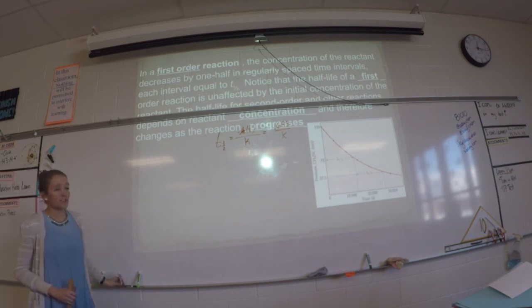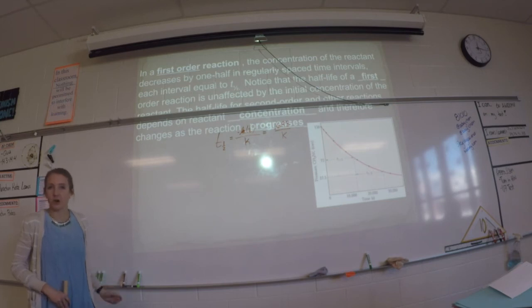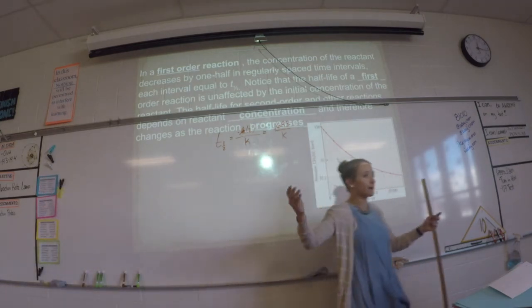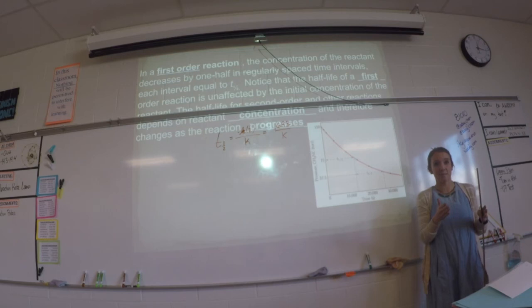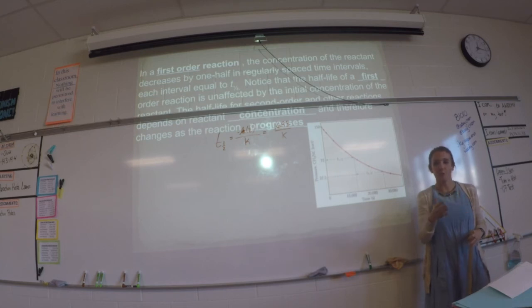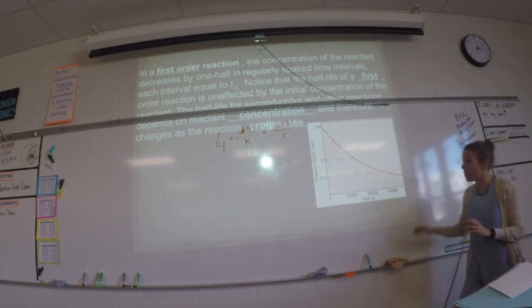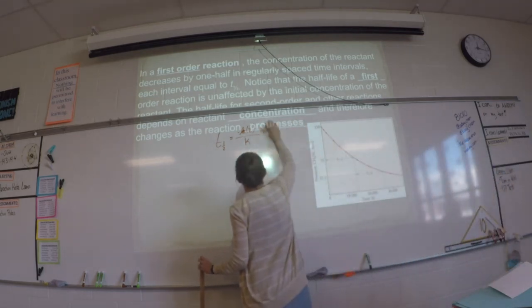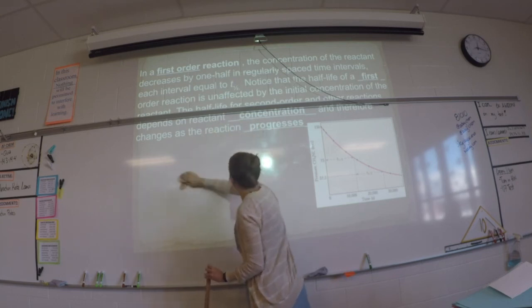It is also unaffected by how much I start with. So whether I start with 100 grams or 10 grams, it's going to take the same amount of time to get to half the amount. The initial amount has no effect, but that only applies to first order reactions.